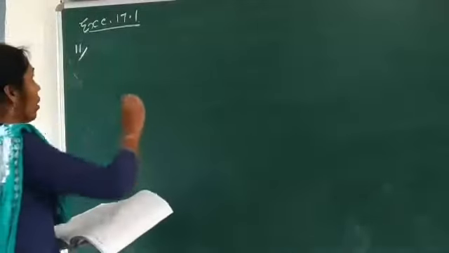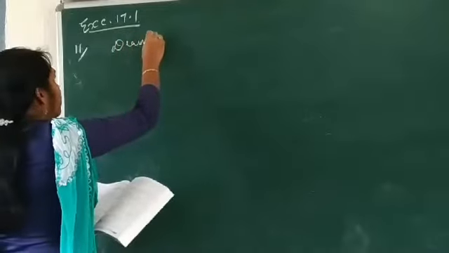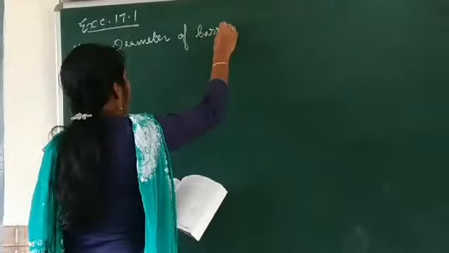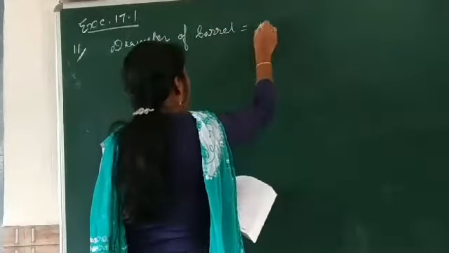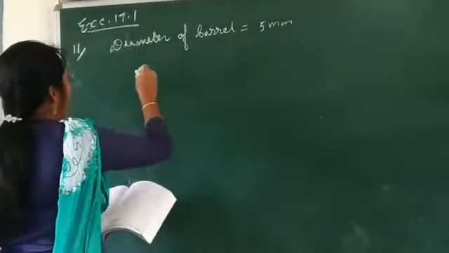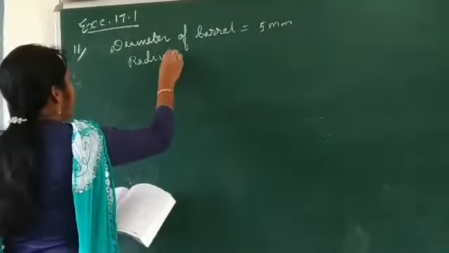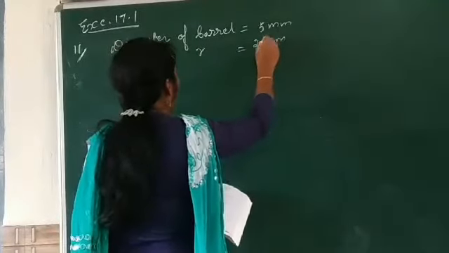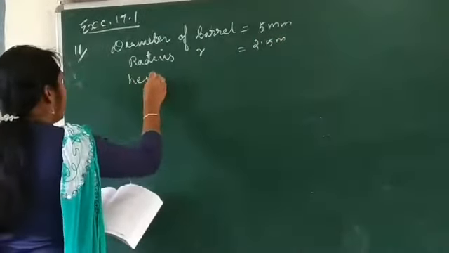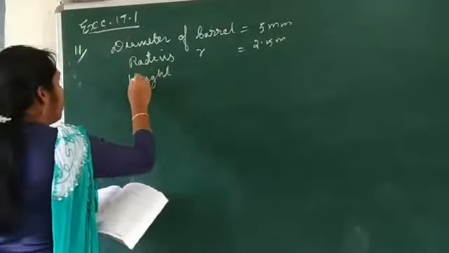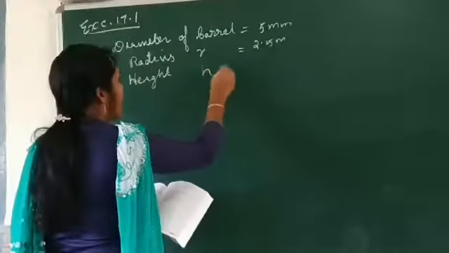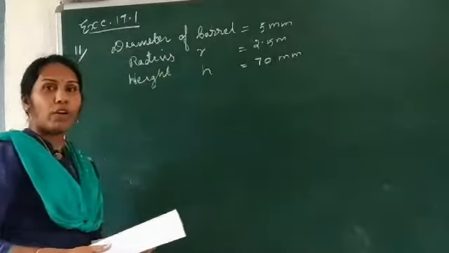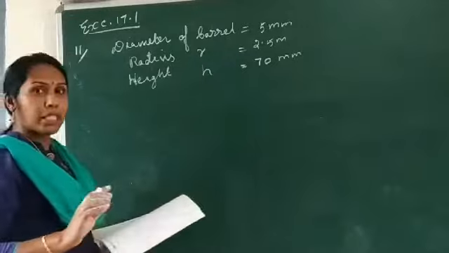So diameter of the barrel is equal to 5 millimeter. Radius R is equal to 2.5 millimeter and the height H is equal to 7 centimeter or 70 millimeter. So first of all we have to find out the volume of the barrel, that is the capacity of the barrel.